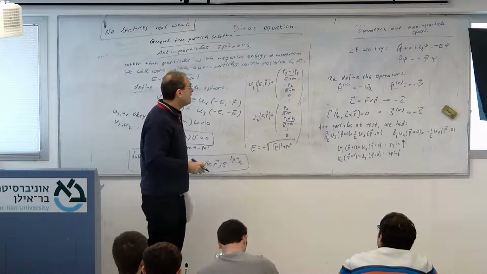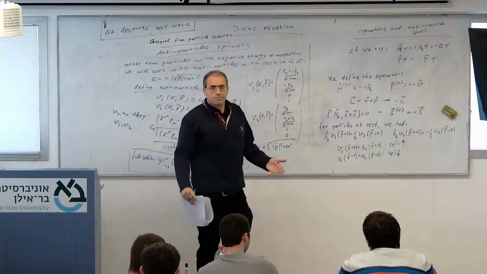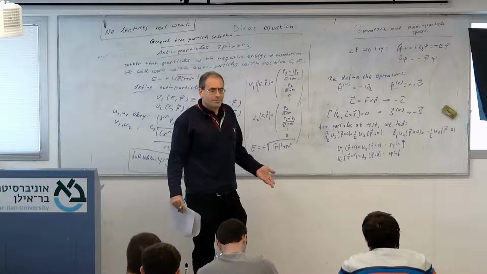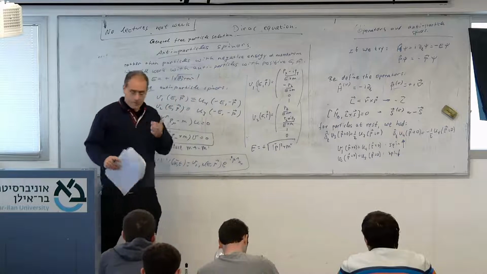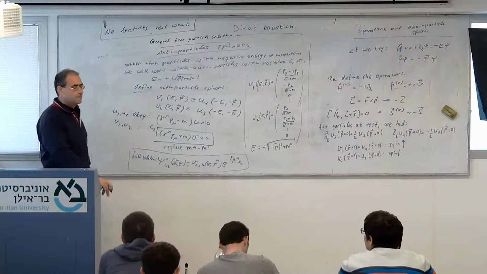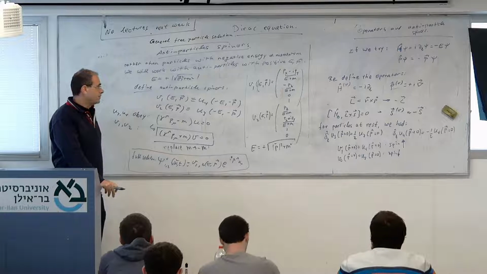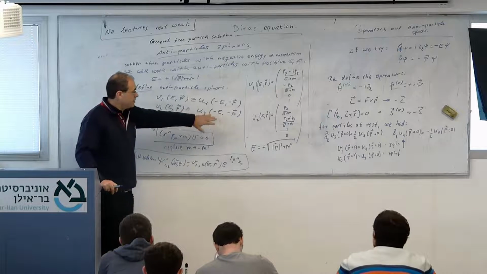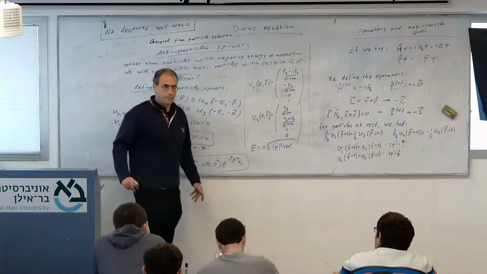I said, okay, I have a solution to the equation. What does it mean physically? When you are measuring antiparticles, you will get spin down in this state, when you are measuring v.